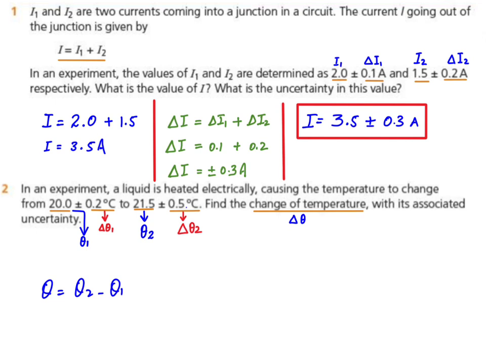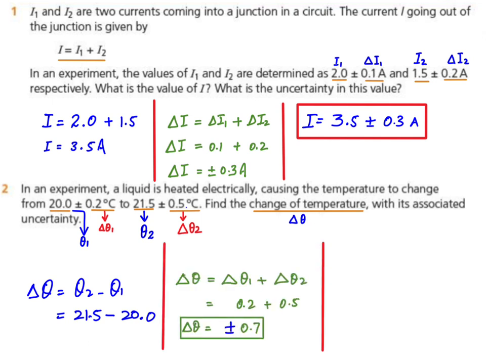So the change, delta theta, can be found using theta 2 minus theta 1, right? That is 21.5 minus 20.0, which is 1.5 degrees Celsius.